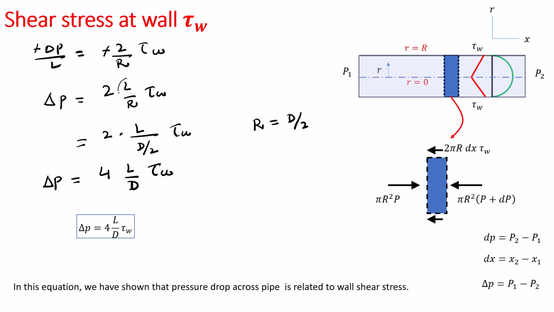This L by R can be written as L by D. So I can put 2 into L, and R can be written as D by 2, tau w, and so delta P will be equal to 4 times L by D into tau w. So this is the final formula. From this formula, basically we can find the wall shear stress from the pressure difference, not the pressure gradient but the pressure difference.